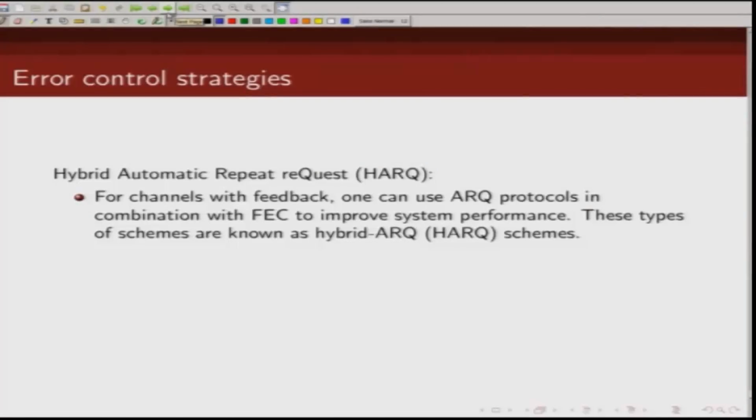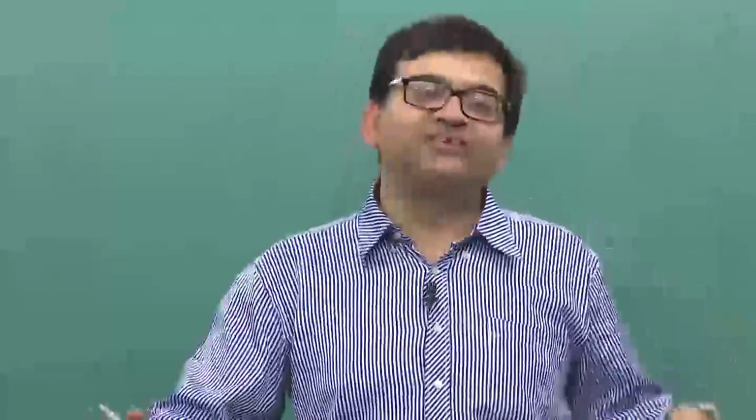A strategy that combines both forward error correction and ARQ is known as hybrid ARQ system. In this, you send coded packets from transmitter to receiver. Now, if these coded packets are not received correctly, the receiver will send a negative acknowledgement, and then you will resend the same packet, or you will try to send some additional parity bits, and using those additional parity bits you will try to decode the original packet.